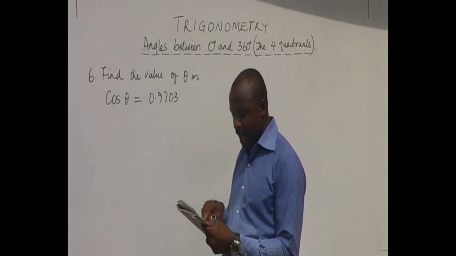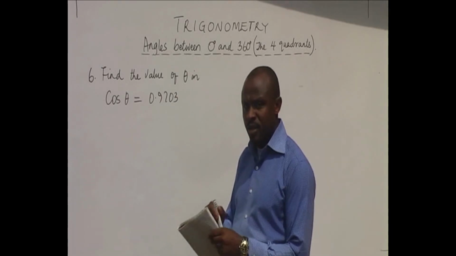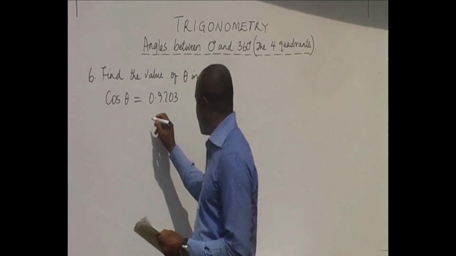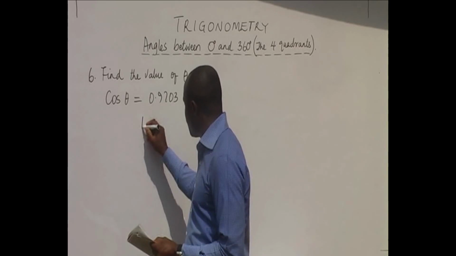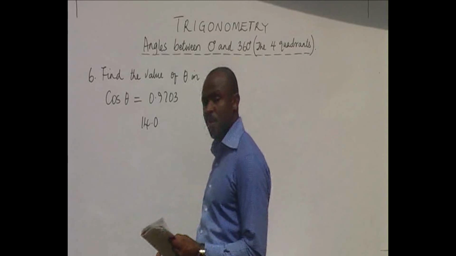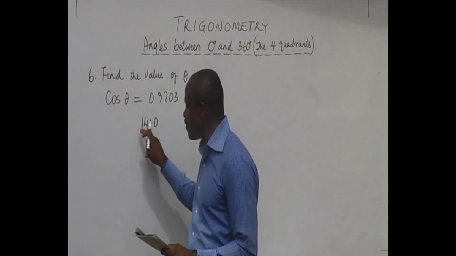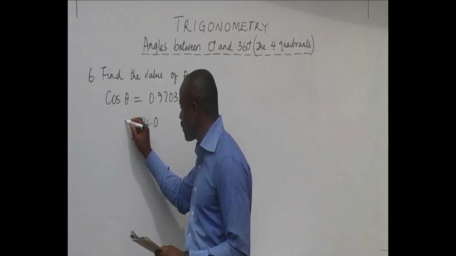I got 0.9703 at 14 under 0. That means the value of theta is 14.0.